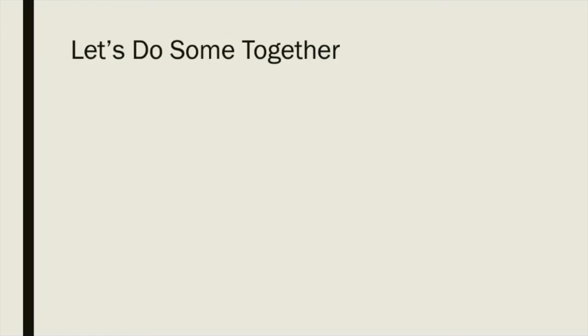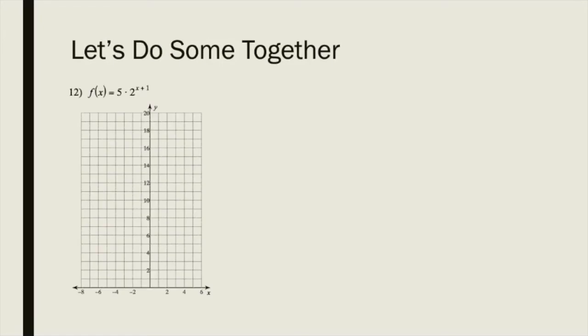Let's do some together. I'm going to do number 12. Is this number up here moving our asymptote, or just left and right? Left and right. So my asymptote's still staying down here. Are you with me? And instead of the y-axis being at 0, it's like being at negative 1.